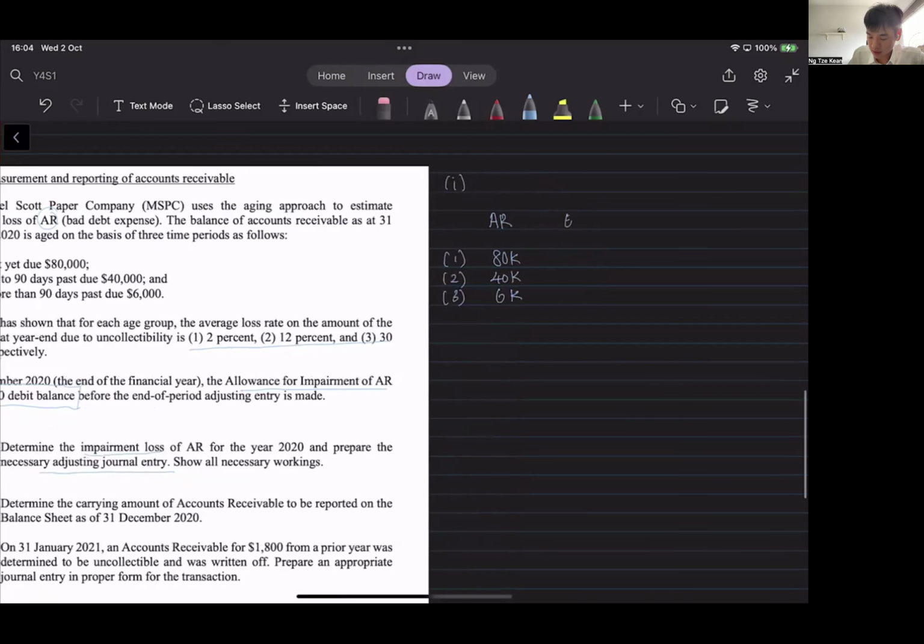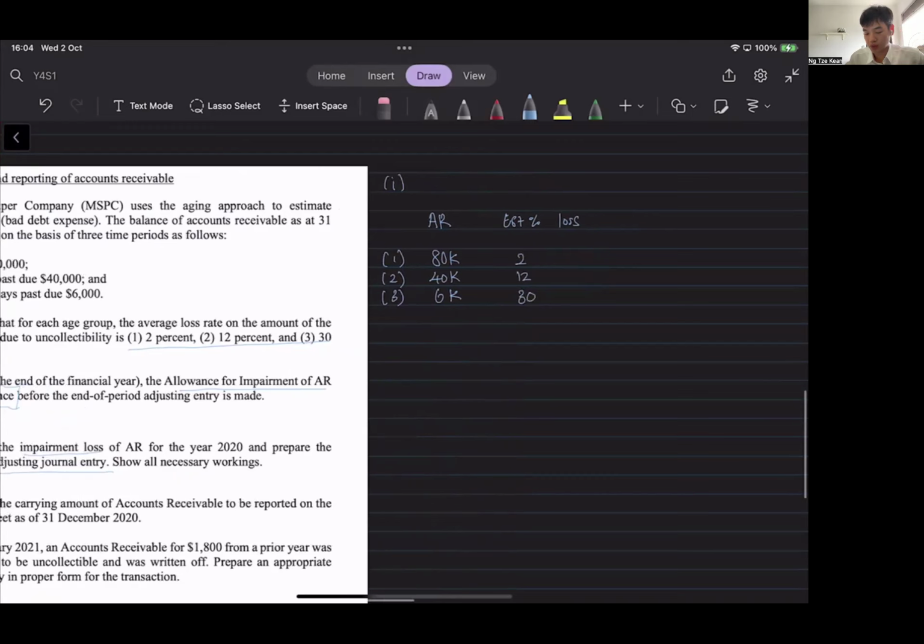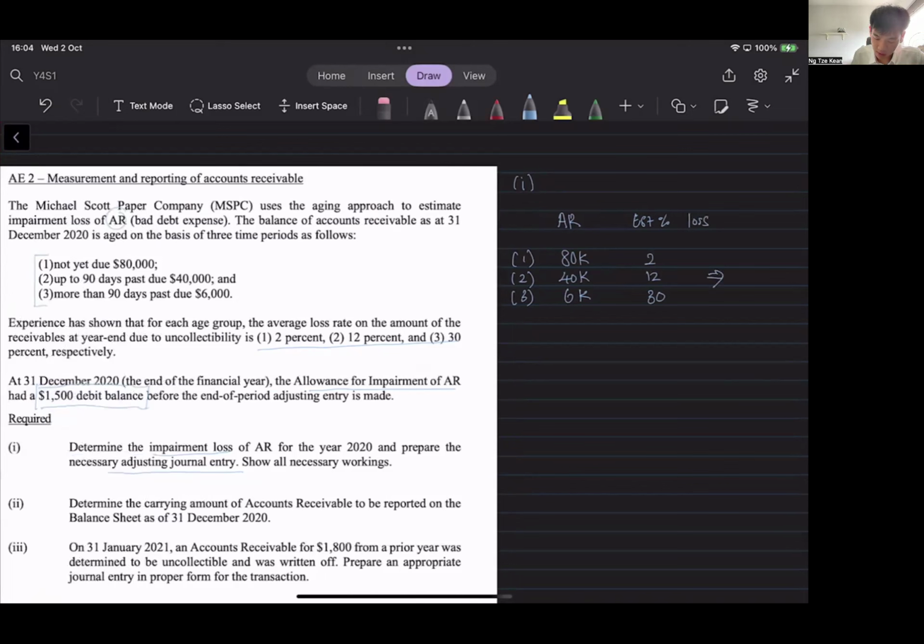And we have the estimated percentage loss, right? So that would be 2%, 12, and 30. So with the AR and the estimated percentage loss, we are able to calculate the estimated uncollectible AR because this percentage here is the estimated bad debt.